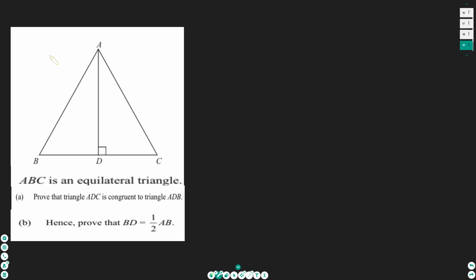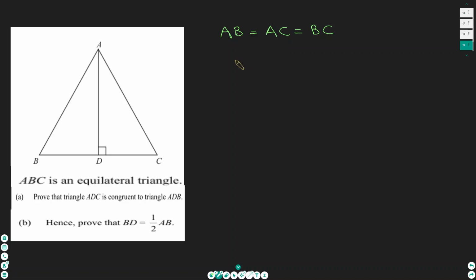In this triangle, we also need to prove that the ADC and the ADB are congruent. This is an equilateral triangle. Equilateral triangles have all sides equal. So the AB is equal to the AC is equal to the BC.